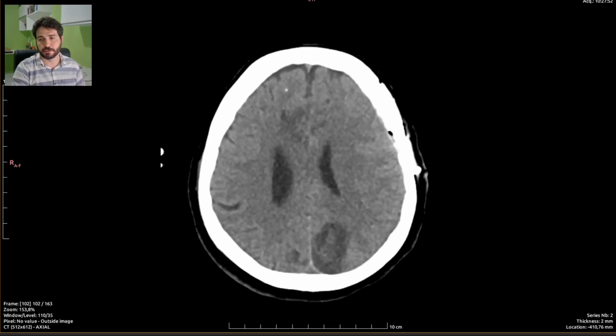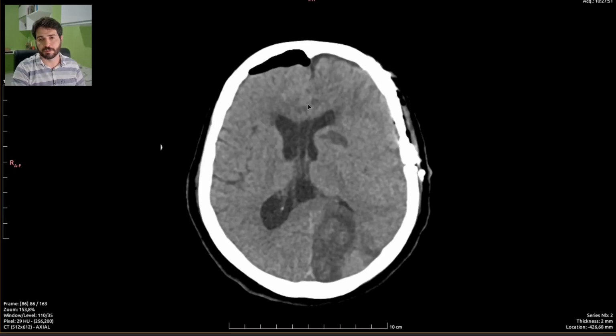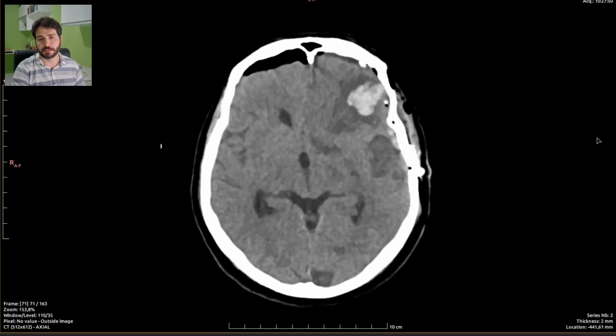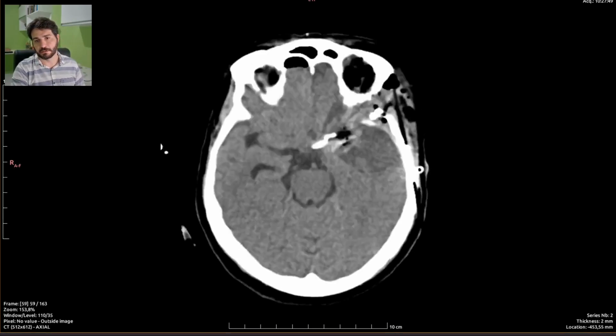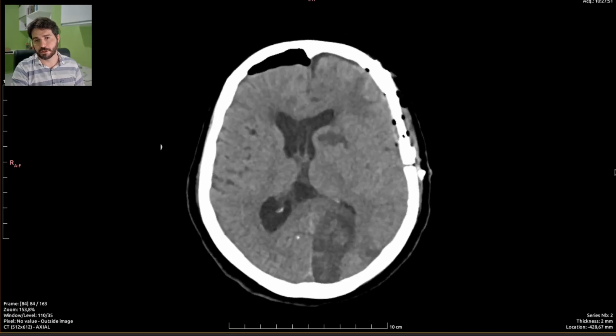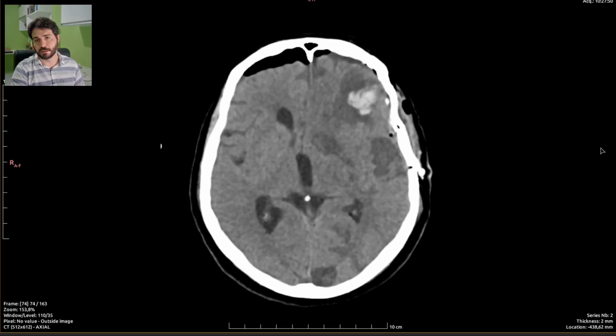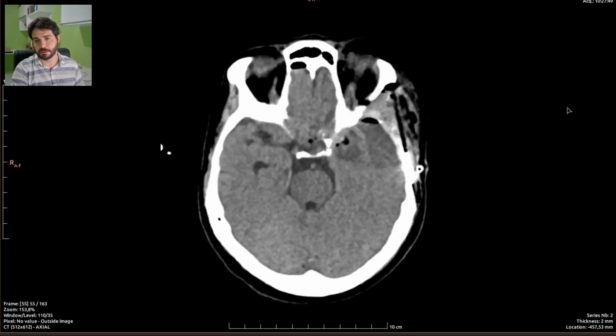Tiny bit of calcification, this is residual. There is some deviation of the middle line, the median line, to the right, which means there is some kind of brain swelling on the other side, and there are acute hematomas associated with the ischemic changes, ischemic disease.